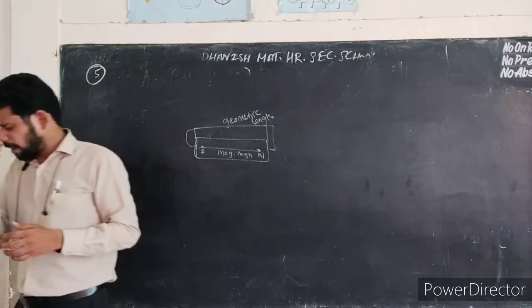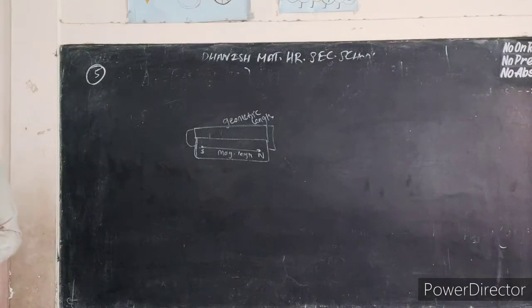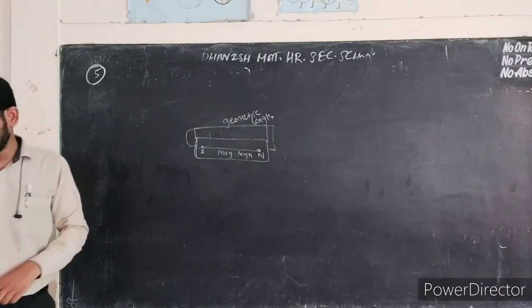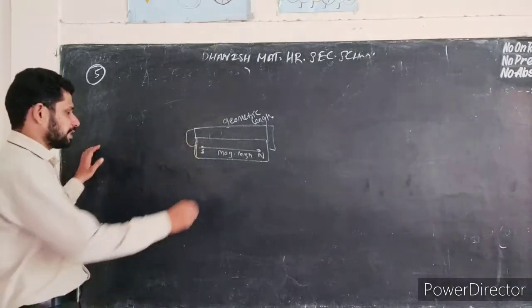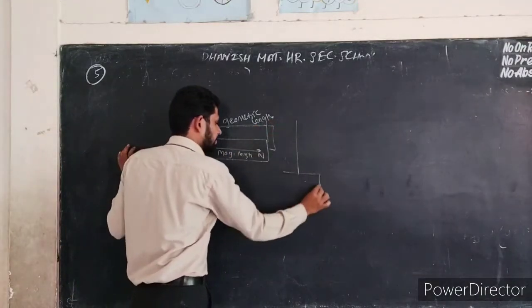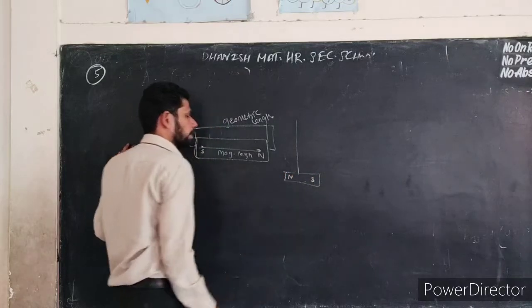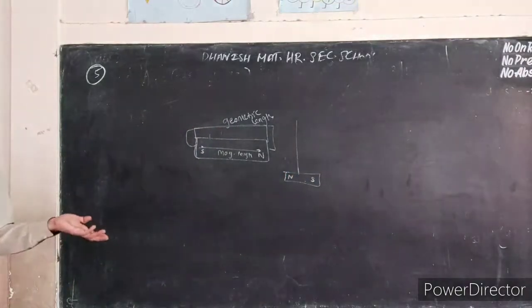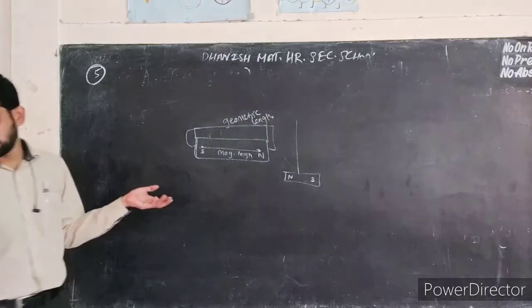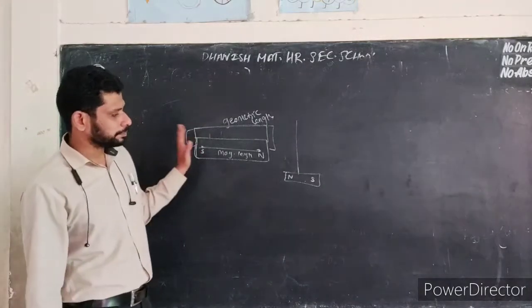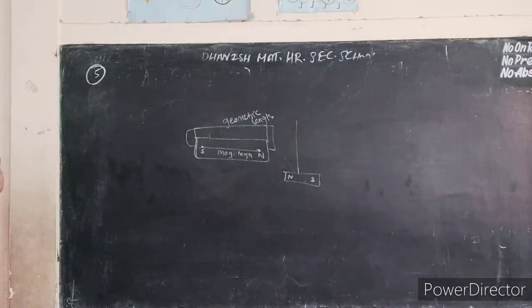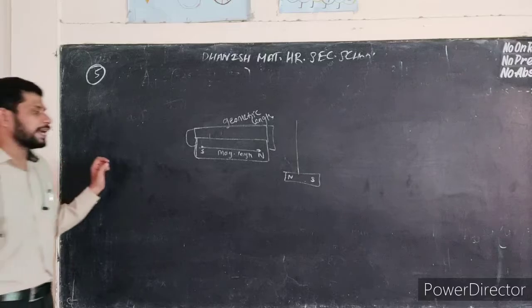The properties of magnets: a freely suspended bar magnet will always point along the north and south pole. The north direction is attracted towards the south, and the south direction is attracted towards the north pole. The attractive or repulsive force on another magnetic substance is maximum near the ends of the bar.